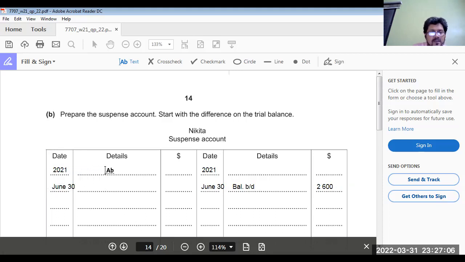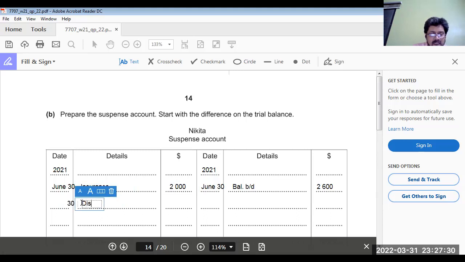Now in our first entry, what we did, we debited suspense. So yes, we have to debit suspense by 2,000, and the reason is insurance. Now in the second entry, again on 30th June, we have to debit suspense with two discounts.